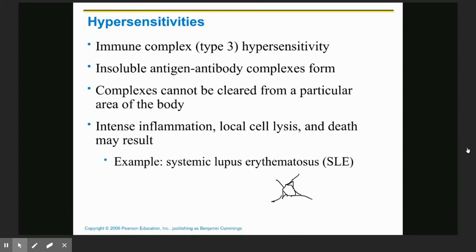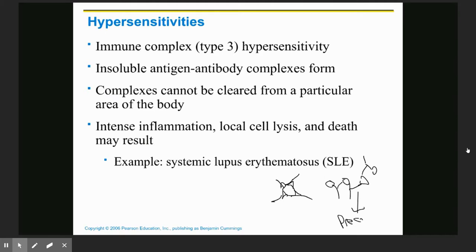But another way that they can do it is they can form chains. So you get a chain. And so what you wind up with is something too heavy to be soluble anymore, and so it precipitates.